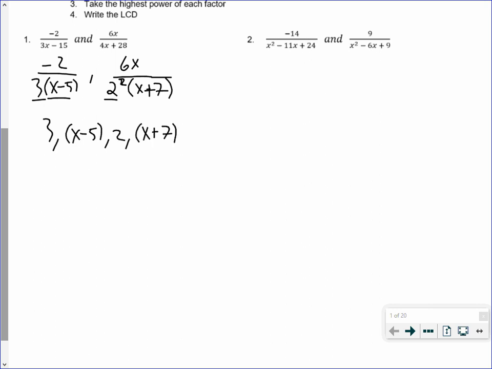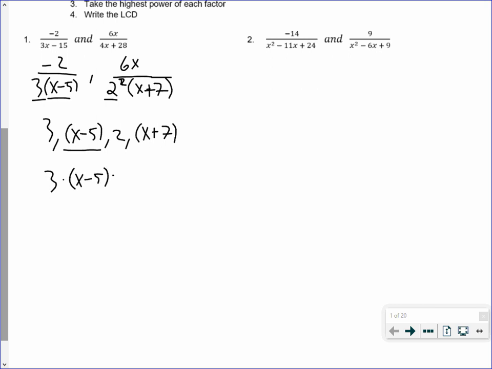So once we list out each factor, what we're going to do now is rewrite each factor, but with the highest degree that we see in either fraction. So the highest degree of 3 that I see is just 1. We'll multiply that with x minus 5 with the highest degree we see of that. The highest degree we see with x minus 5 is just 1.